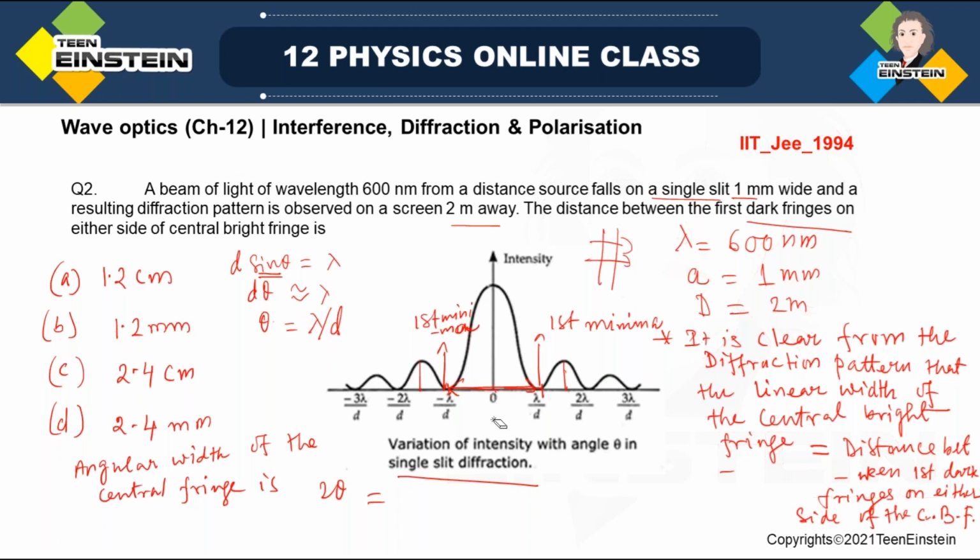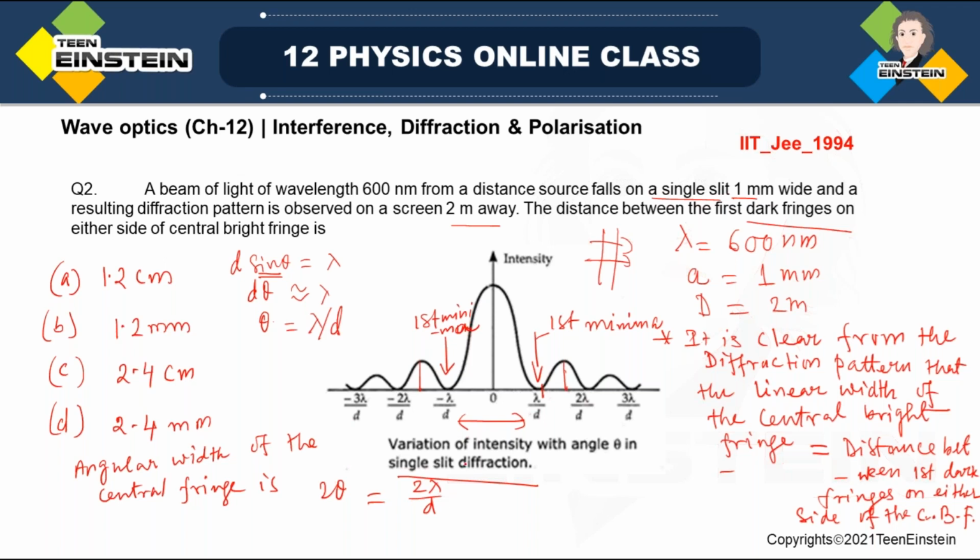The angular positions are minus lambda by d and plus lambda by d. So 2 theta is 2 lambda by d. This is the angular width.